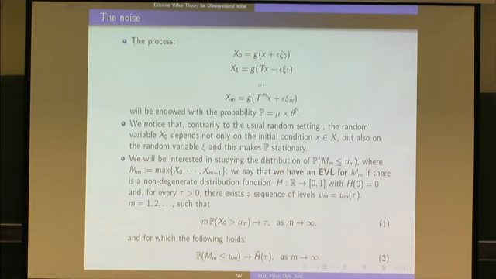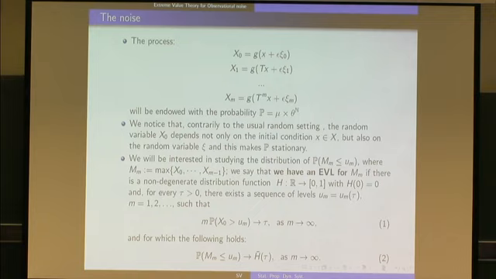And so what is EVT, EVL or EVT? Just a few more remarks with respect to what Tobias said this morning. In a more general framework, to study the statistics of extreme values means the following. You have some variables, and suppose these variables are IID for the moment.